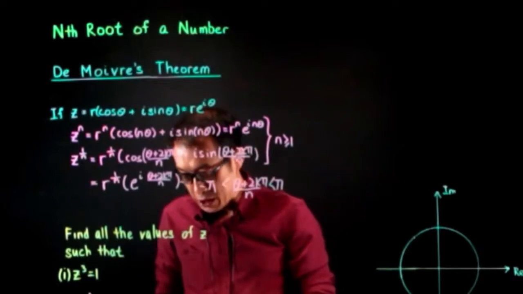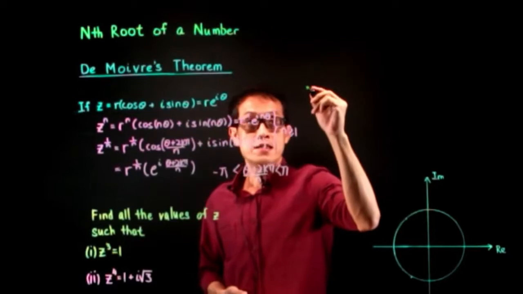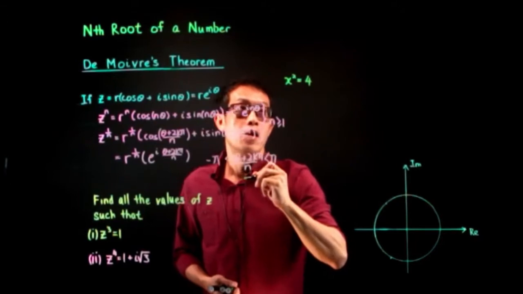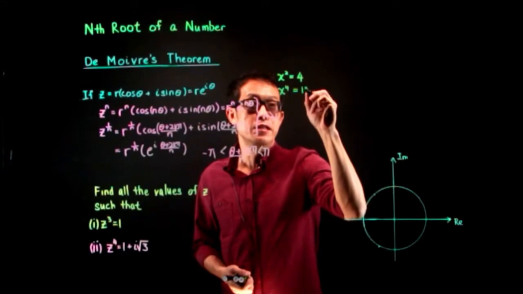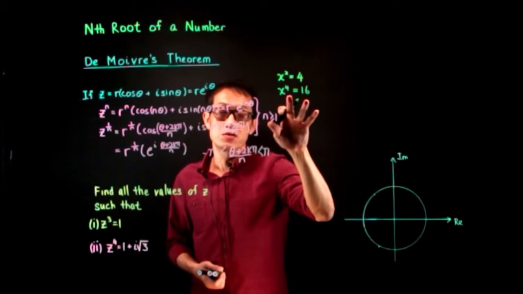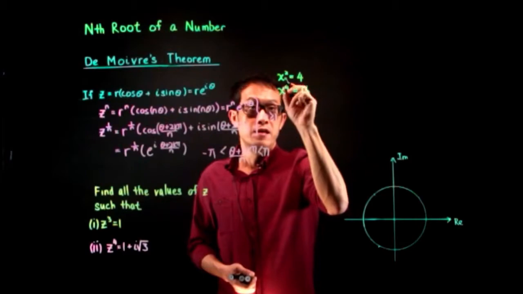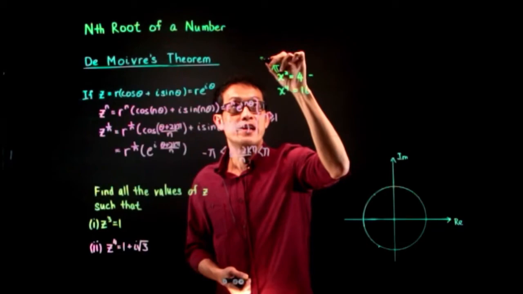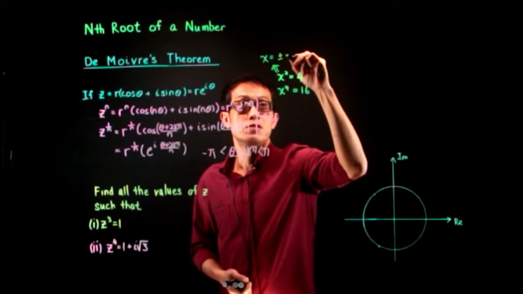Now I give you an analogy. Let's say x squared is 4. Then I want the square of x squared. x to the power of 4 will be 16. You square both sides and you'll find that there's only one answer to this. But what is the value of x? From here, you'll find that x will be equal to plus minus 2.